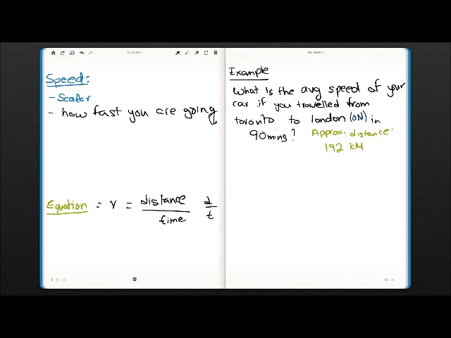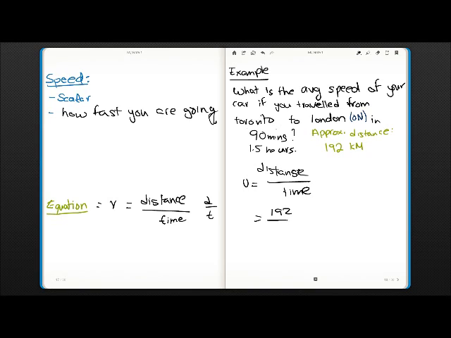So an example would be, what is the average speed of your car if you traveled from Toronto to London, Ontario in 90 minutes? And the approximate distance is 192 kilometers. So since it's distance over time, let's first turn this into hours, so it'll be 1.5 hours, and we just sub it into the equation.